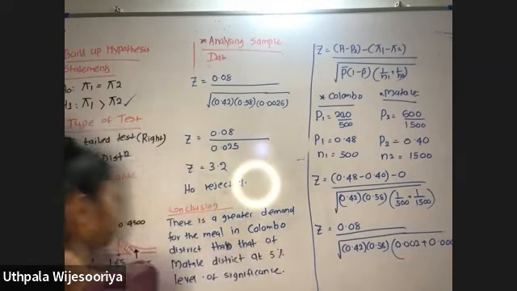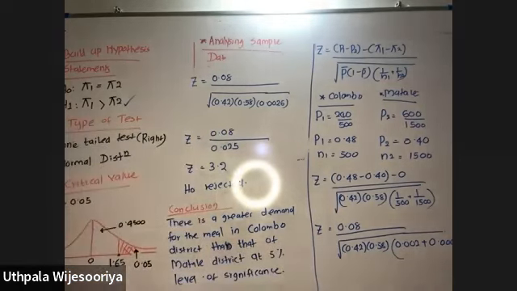Make my conclusion: the greater demand for the meal in Colombo district than that of Matale. So the demand for this meal is higher in Colombo than in Matale at 5% level of significance. This is how you should write it.